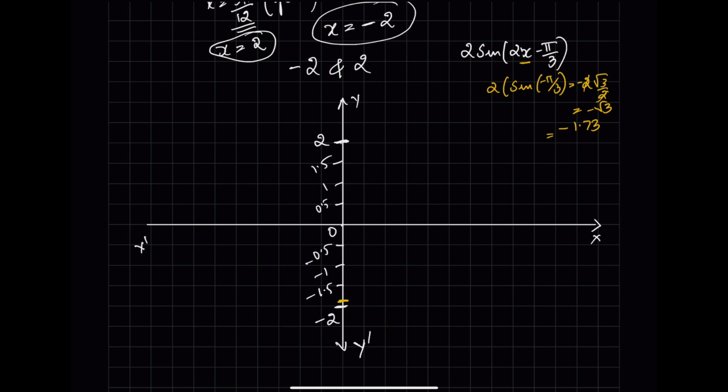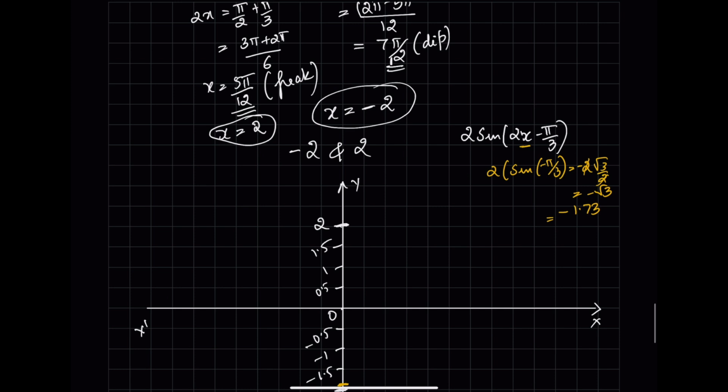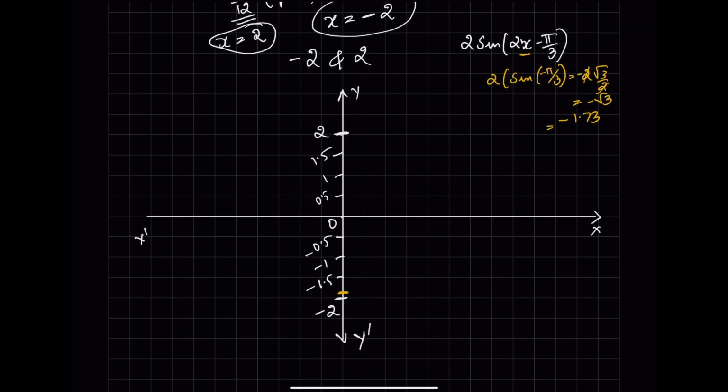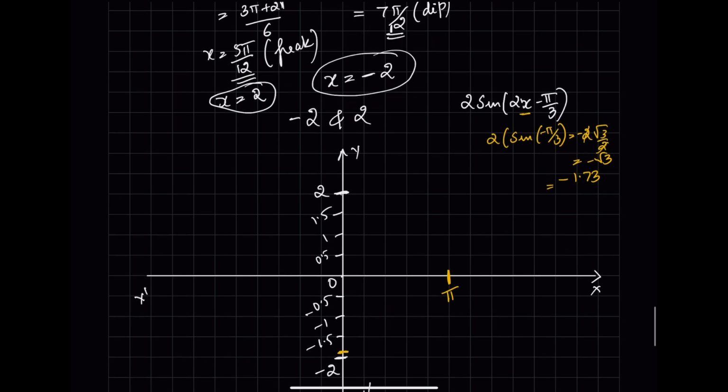And what would be the peak? If we mark the graph, the peak would be at 2, and that is at 5π/12. 5π/12 is 75 degrees. If this is π, which is the period of this graph, and π is 180, then 90 degrees would be somewhere here.